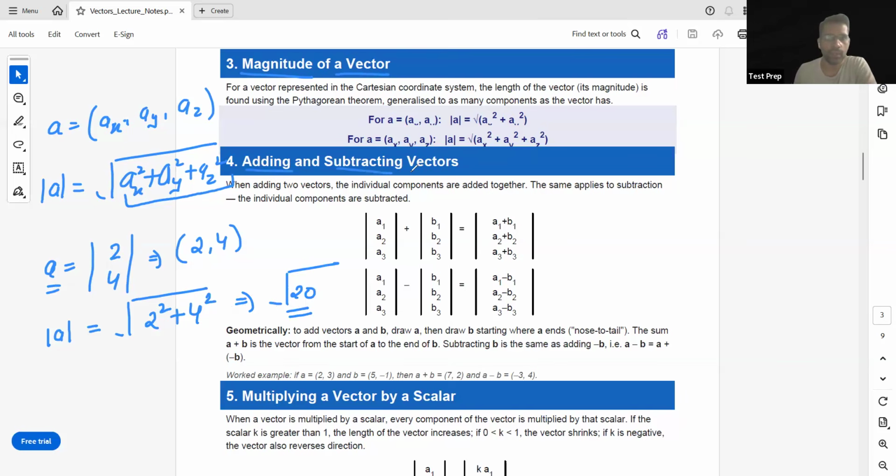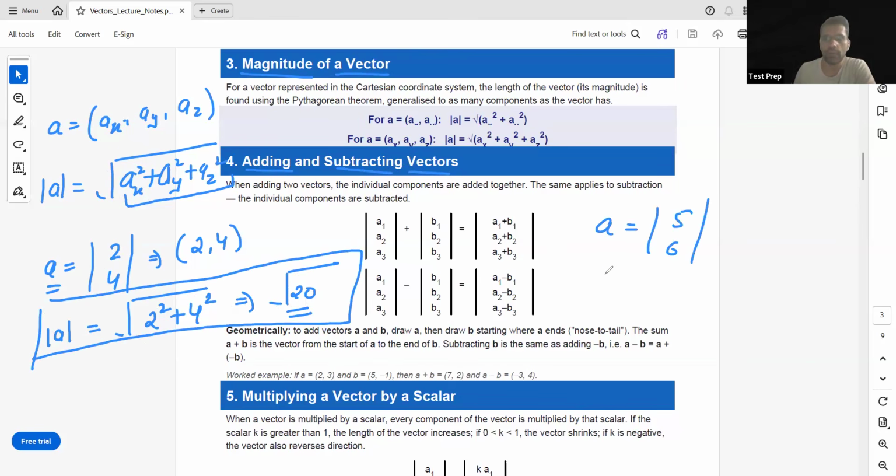Adding and subtracting of vectors. Clear? Now this is the important part, how to find the magnitude of the vectors. Sometimes the question is given in the form of A is equal to 5 and 6, and we have to find the magnitude of this vector.